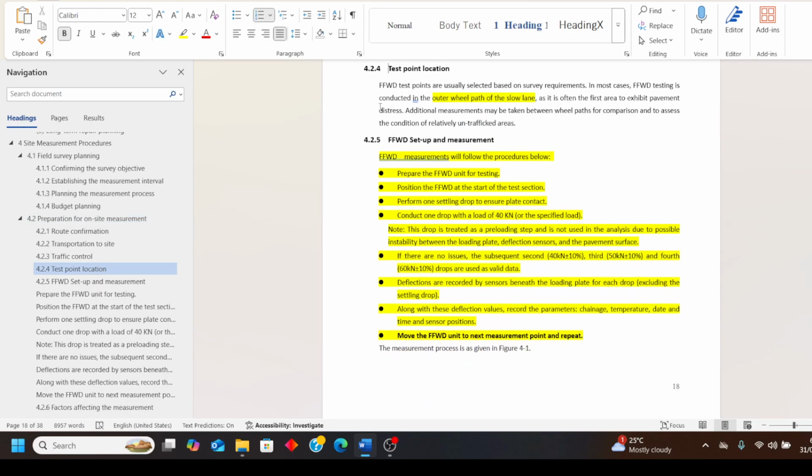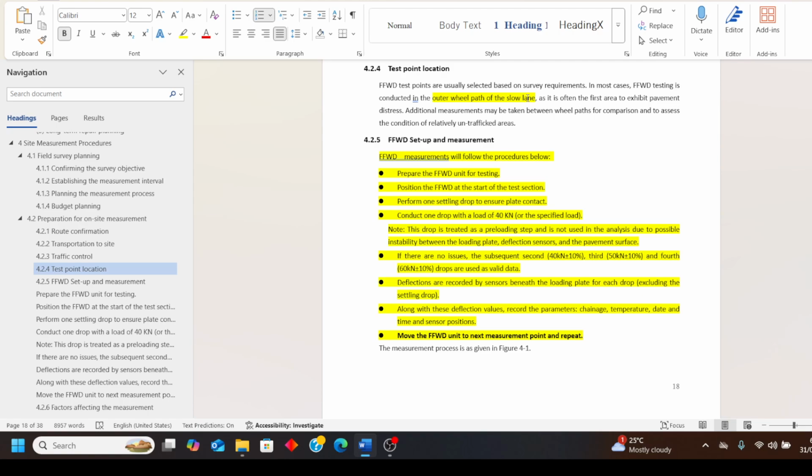Then there is another point, which is the test point location. Test points are selected based on the survey objective. The usual location is the outer wheel path of the slow lane, because this is where trucks mostly travel and pavement distresses appear first.